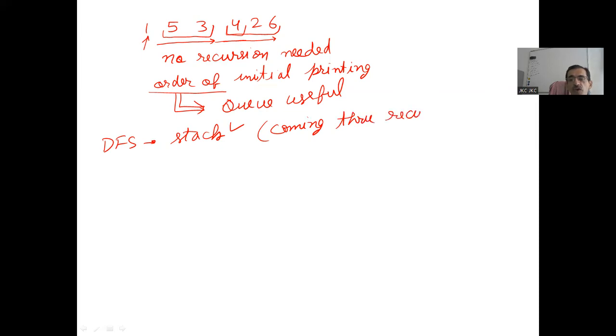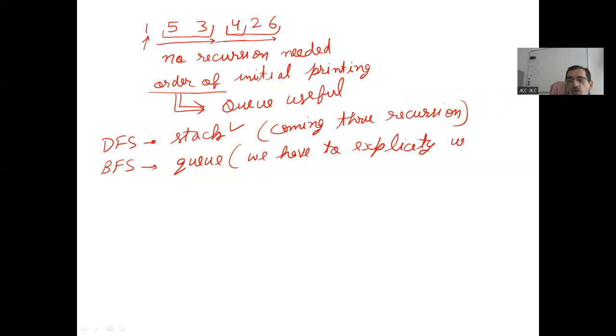In case of a BFS, my queue gets used, but obviously the queue doesn't come through an automatic process, so we have to explicitly implement or code it. That is the difference.